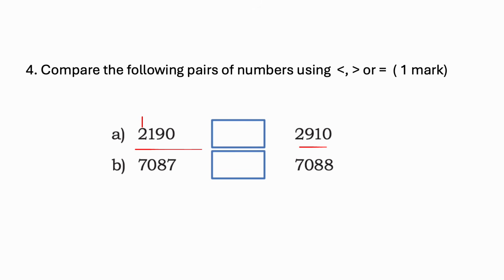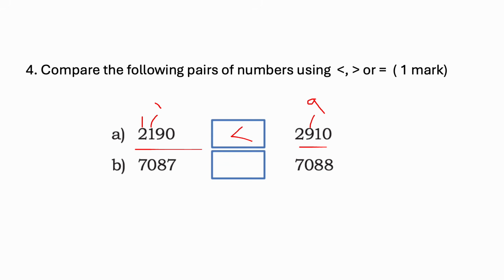Then second digit, here it is 1, here it is 9. So which one is greater? 9. So 2190 is less than 2910.